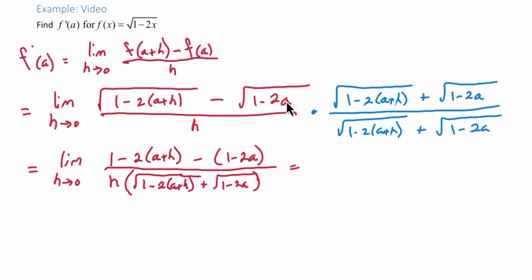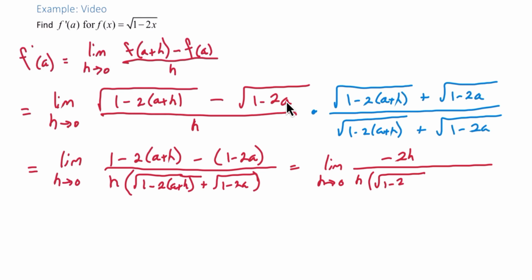From here we can simplify a little bit. In the numerator we'll get negative 2h, and in the denominator I'm going to distribute the radical there.